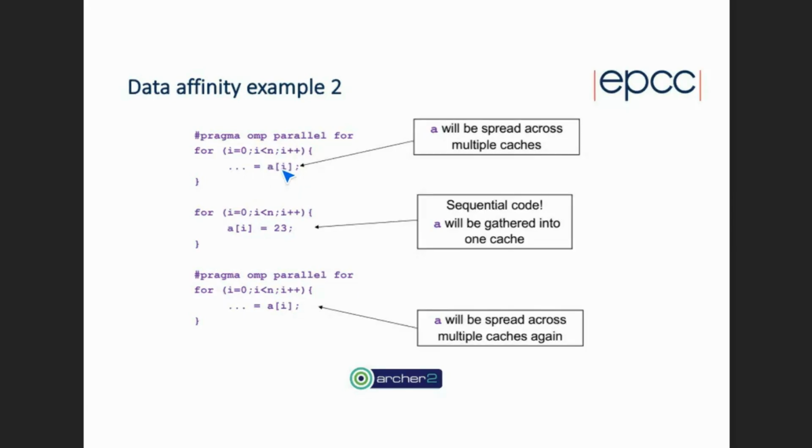These read accesses will come from different threads, so we'll get copies of different bits of A spread across multiple caches. The loop that writes all of them is going to invalidate all those copies, apart from the ones that were on thread 0. All the other copies will get invalidated by these writes. So the latest copy of all of your array will end up in one cache here. And then most of these accesses are going to be accesses to remote caches again, to retrieve the latest values.